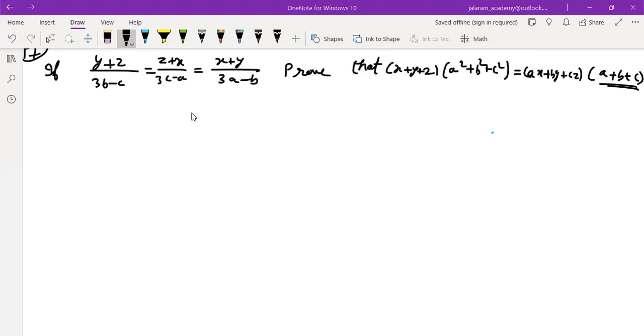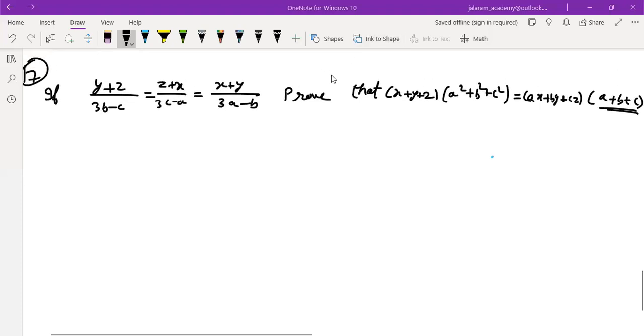Now let's discuss one more important question from ratio and proportion. y plus z upon 3b minus c equals z plus x upon 3c minus a equals x plus y upon 3a minus b is given. And we have to prove that x plus y plus z into a square plus b square plus c square equals ax plus by plus cz into a plus b plus c. The method is usual.